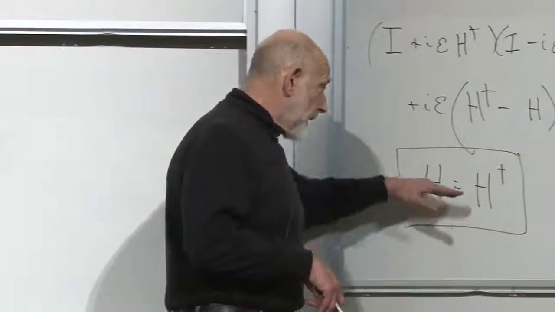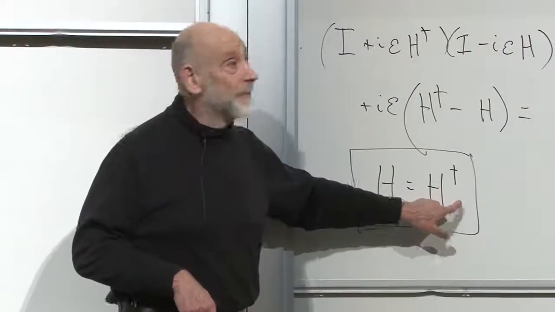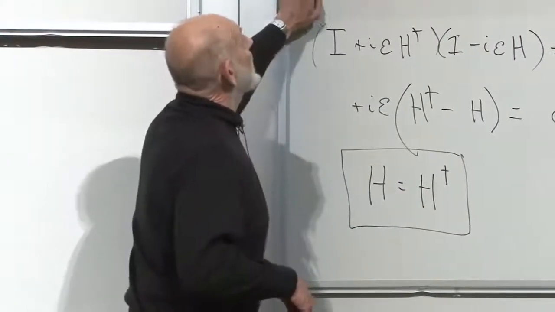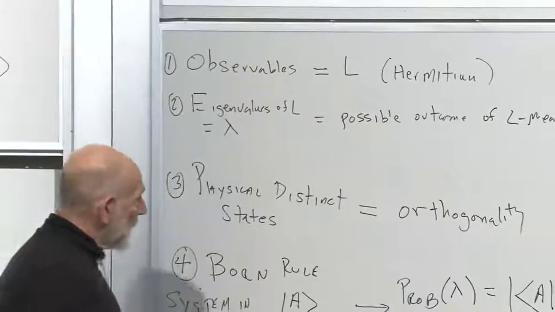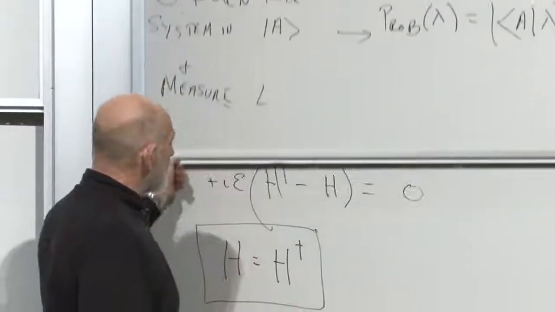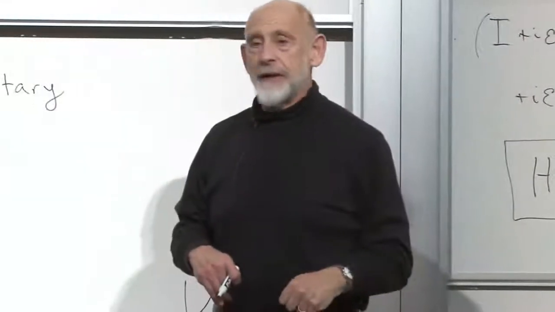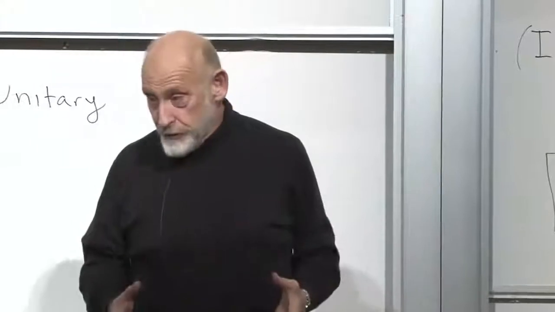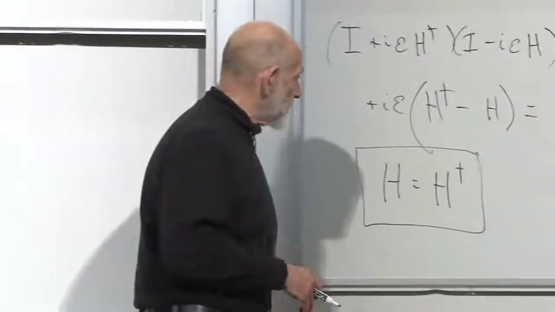It is also the thing which is Hermitian, right? That means that it's an observable, or it could be an observable. It's a Hermitian operator. It could be an observable, and it is an observable. It's the Hamiltonian, it's the energy. Hamiltonian and energy are the same. This is what the energy of a system is.